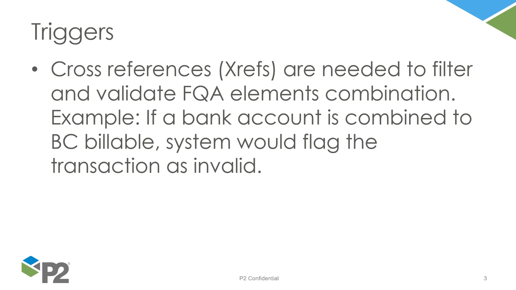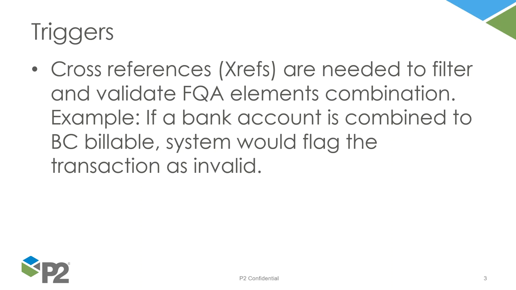So sometimes you will need to activate cross-references to better filter and validate certain FQA element combinations. As an example, a bank account should not be mapped with a billable bill code.